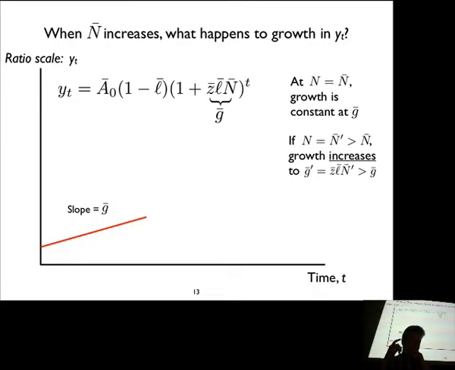So in your head, what you should be thinking of is if there's a growth rate in N, what's the growth rate in the number of farmers? Well, the number of farmers is 1 minus L times N. Now take the growth rate of that. You get the growth rate of 1 minus L plus the growth rate of N. Well, what's the growth rate of 1 minus L?